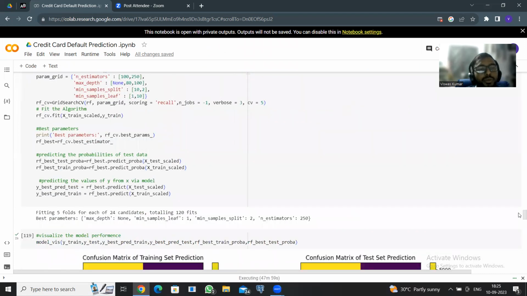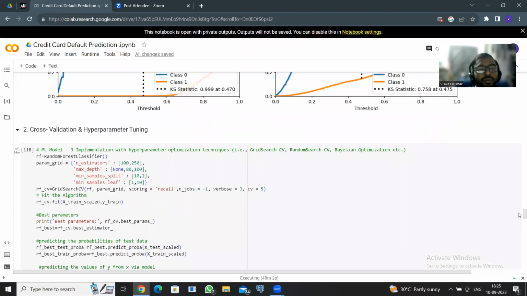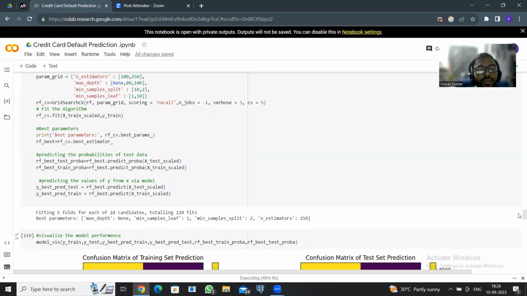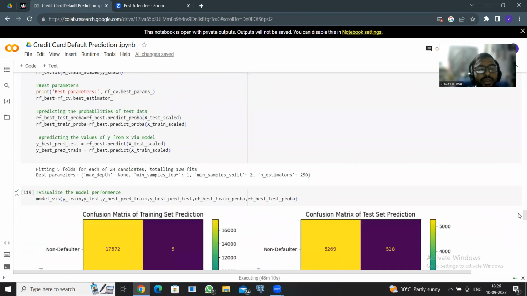Again, I have further optimized the random forest model using grid search CV to find the best parameters that can be used in implementing the random forest model. By implementing the grid search CV, I got the minimum samples leaf as 1, minimum samples split as 2, and number of estimators as 250.